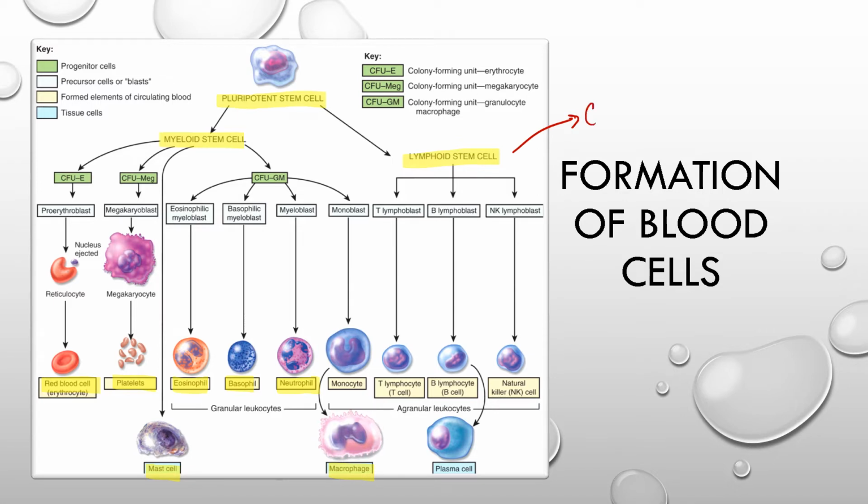So these ones are going to complete development in lymphoid tissues, specific tissues and organs of the lymphatic system, which we'll discuss in a little bit more detail when we go over the lymphatic system.